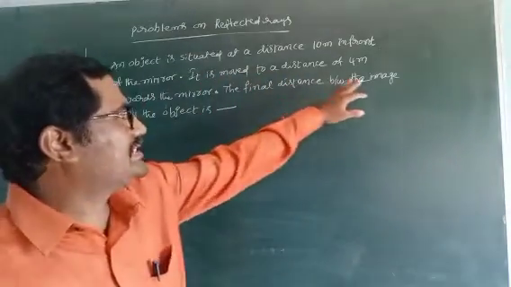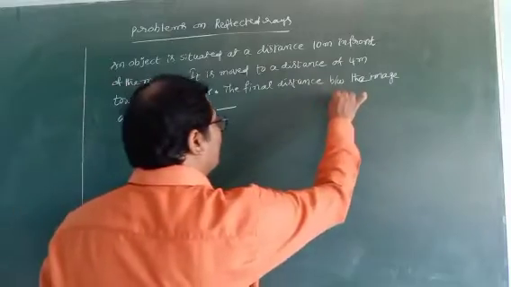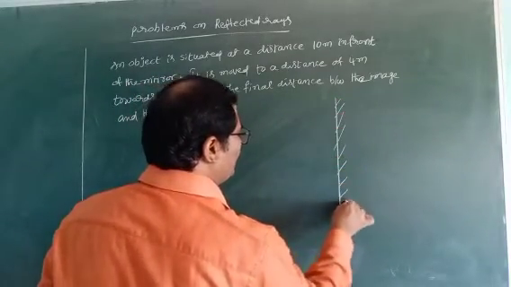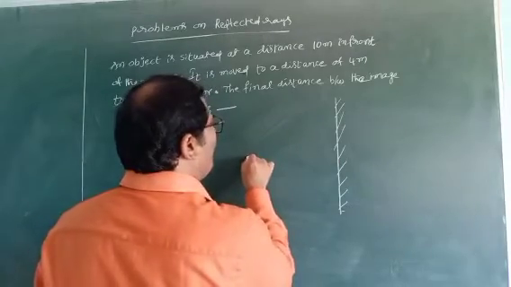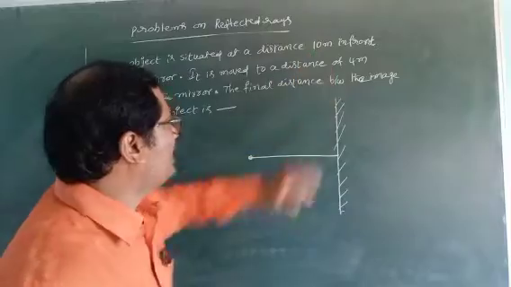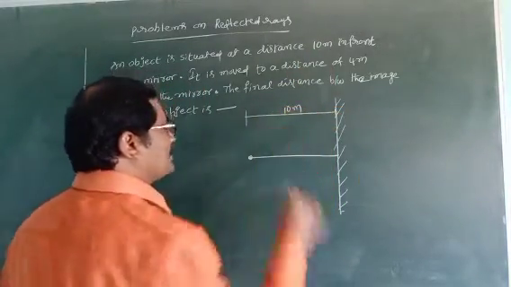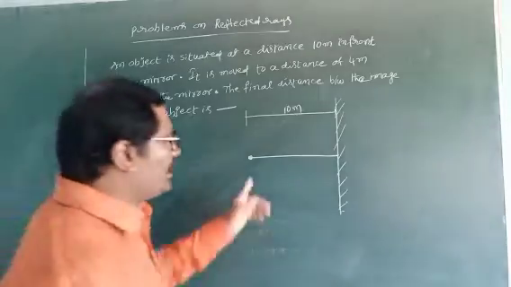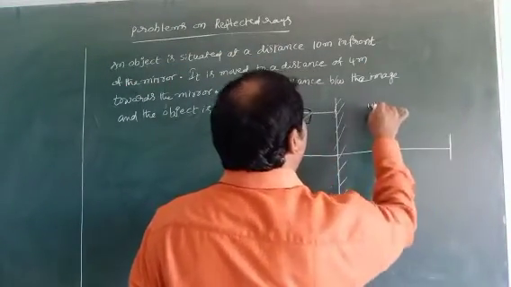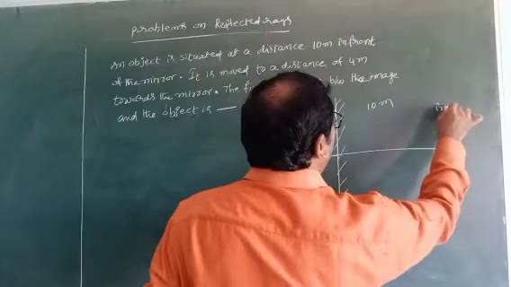The final distance between the image and the object is? Here it is the mirror, and it is the object, situated at a distance of 10 meters. The image is formed also at 10 meters.